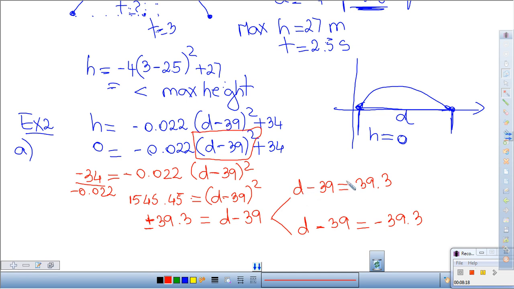So if I look at the two equations, from this one I can conclude that the distance equals 78.3, or over here the distance equals negative 0.3. So my bridge starts west of the x-axis at negative 0.3 all the way to 78.3.